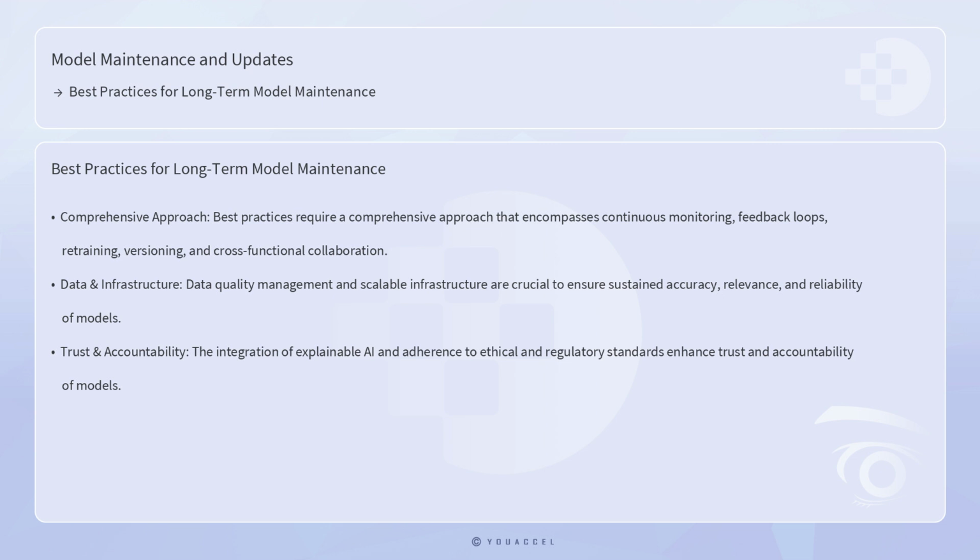The integration of explainable AI and adherence to ethical and regulatory standards further enhance the trust and accountability of models, fostering a more transparent and responsible AI ecosystem. As the field of artificial intelligence continues to evolve, these best practices will remain indispensable for organizations seeking to leverage the full potential of their AI models.